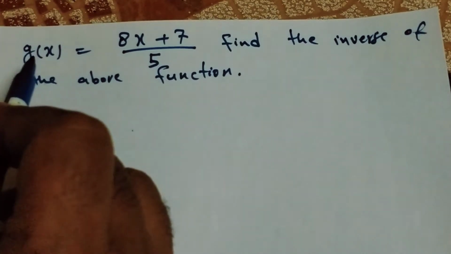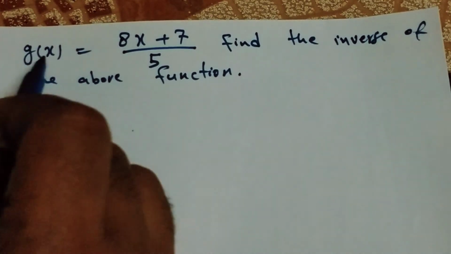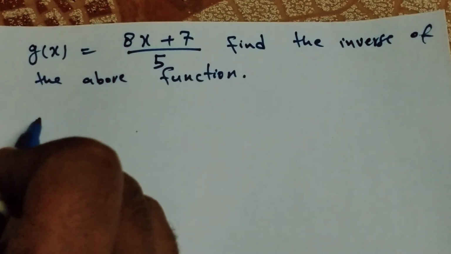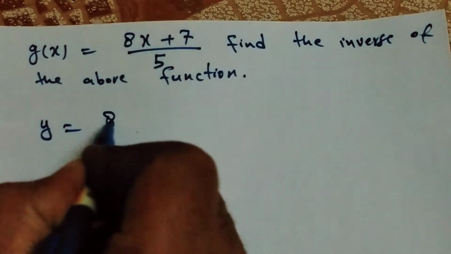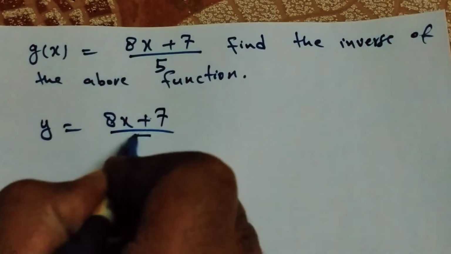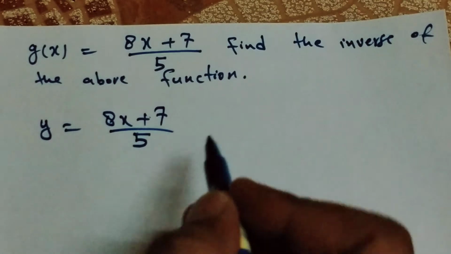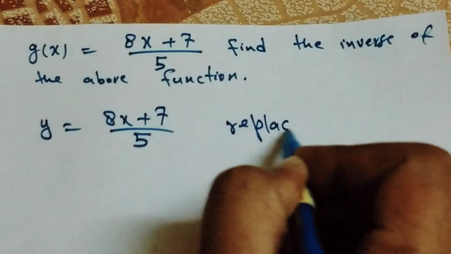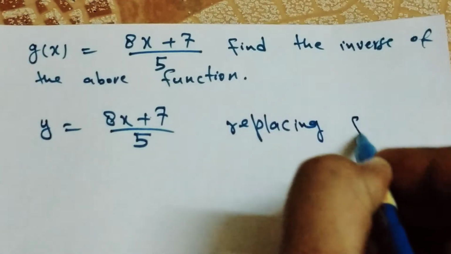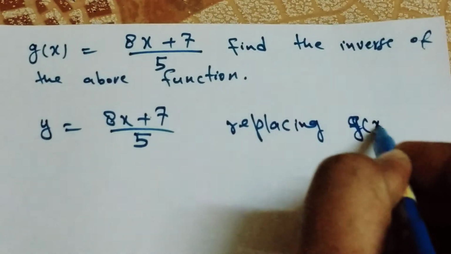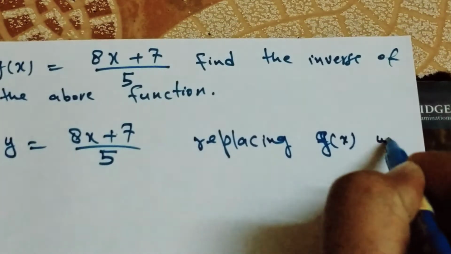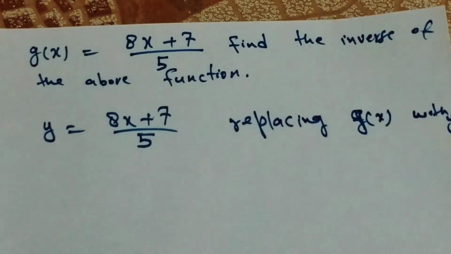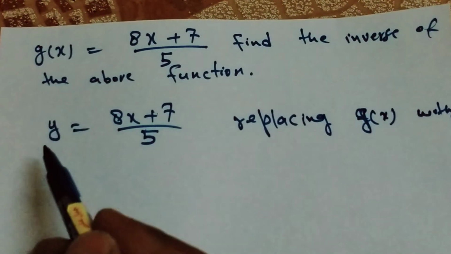G of x, I told you, or f of x, there is no difference. So let's see what I am writing. Please concentrate. What I did, I replaced f of x or g of x with y.